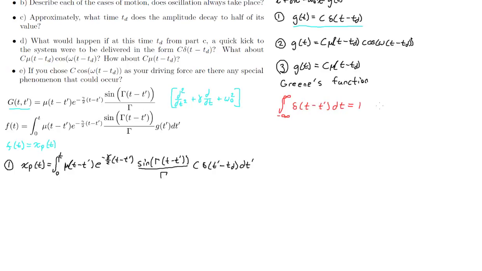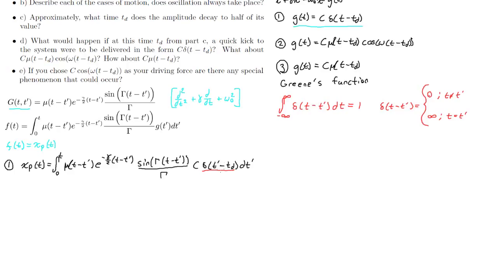Another property is that the delta function is equal to 0 for t not equal to t prime, and it diverges off to infinity for t equal to t prime. So basically, we're going to use these two properties to simplify our integral.